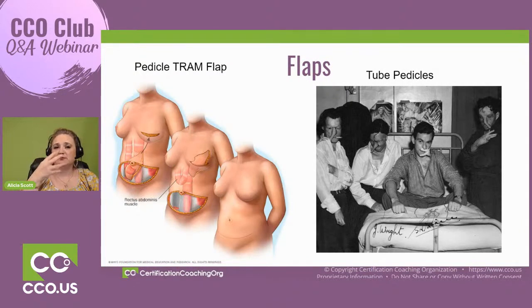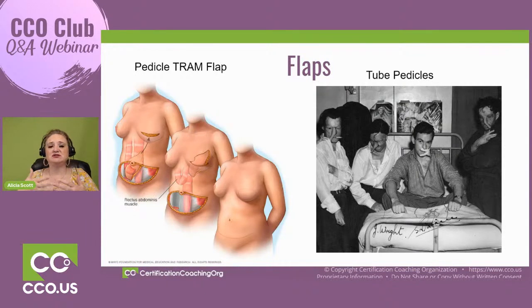Once the blood flow is established and they know it's viable, they detach it and reconstruct the nose or a part of the face and give that person as natural a look as they possibly can. The gentleman in the middle has a tube from his chin and mouth to his chest.